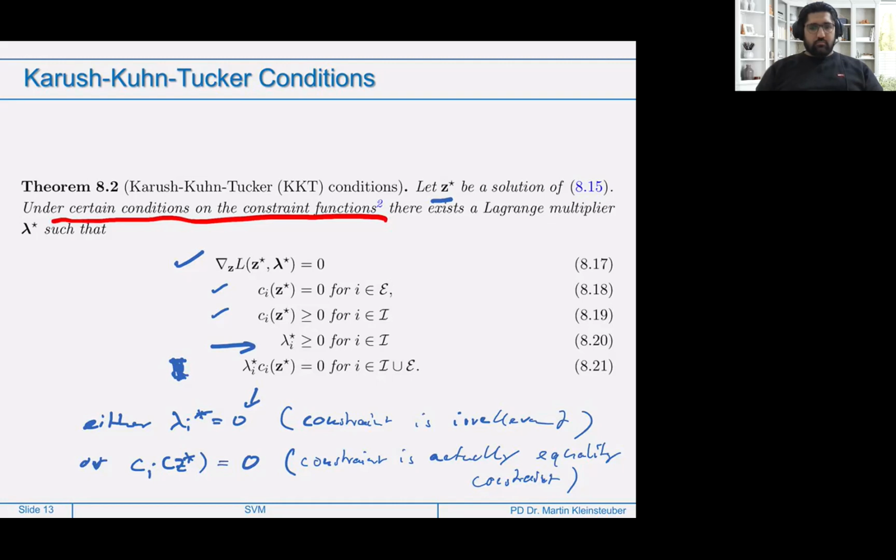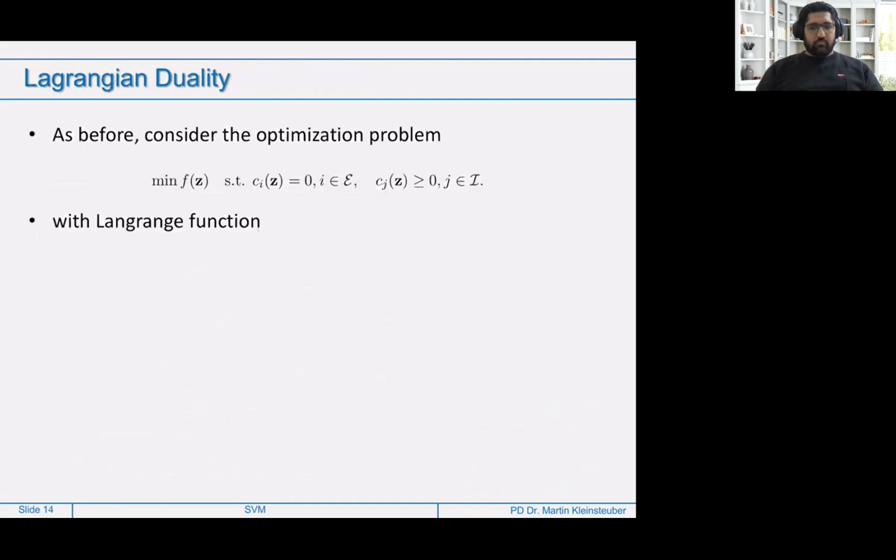But before we do that, we look at what is called Lagrangian duality. The motivation for looking at this Lagrangian duality is that it will ultimately allow us to formulate a kernel version of the support vector machine. So that is our motivation.